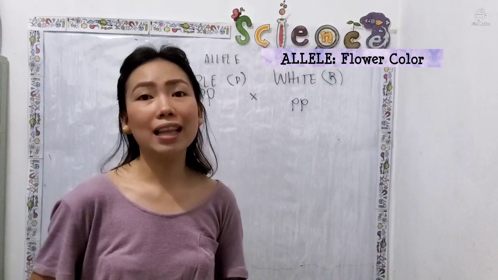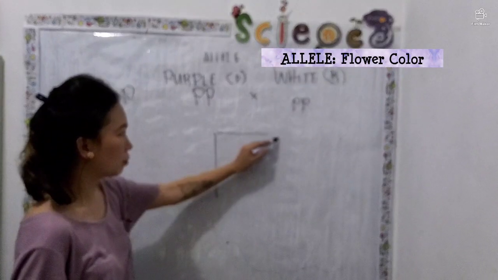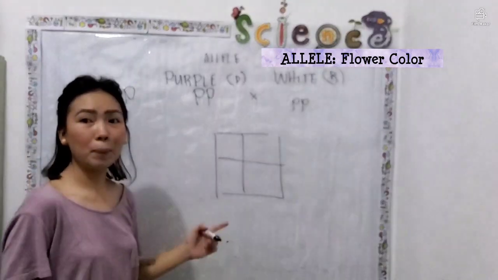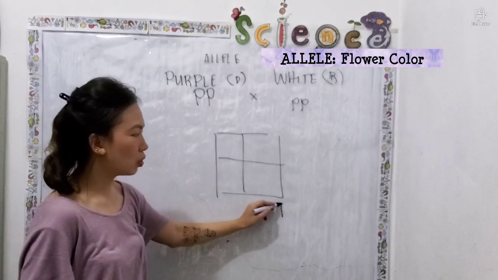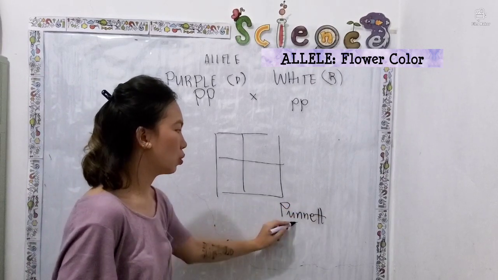So, para malaman natin yung magiging resulta ng cross natin with the purple and the white flower, gumagamit tayo ng diagram. And this diagram is composed of 4 boxes. And this box is called Punnett square.